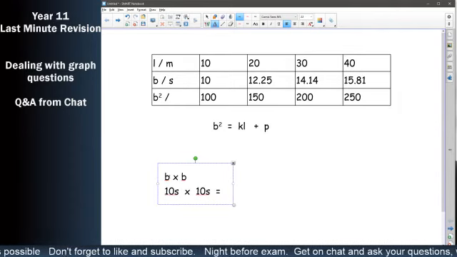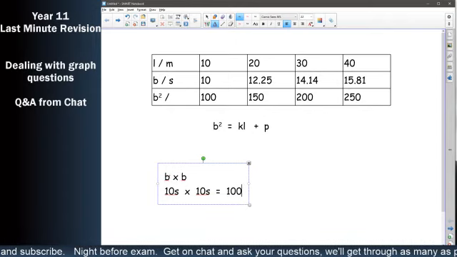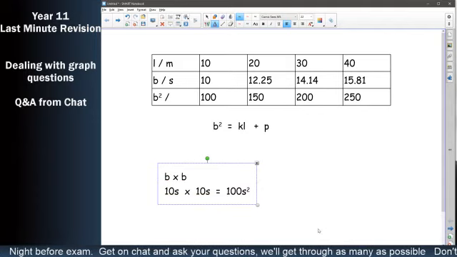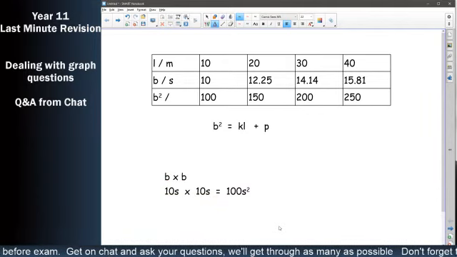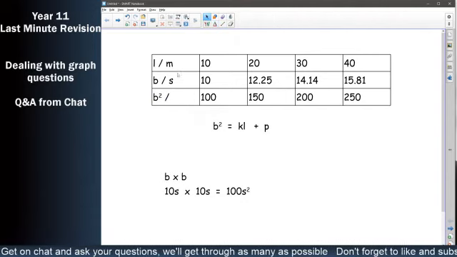And this then becomes an algebra problem. You've got 10s times 10s. So you do the number multiplication first, which is 100, and then s times s is s squared. Even though they are units, they function in exactly the same way as algebraic letters do.